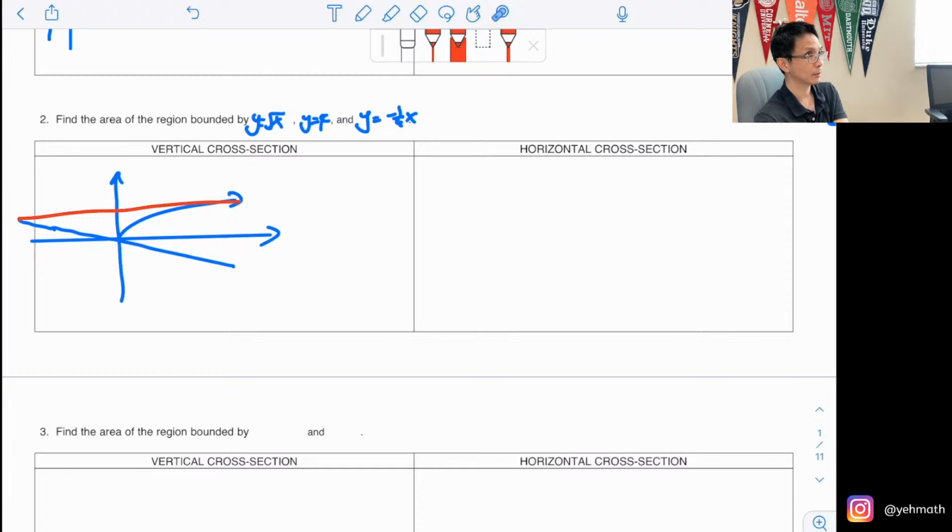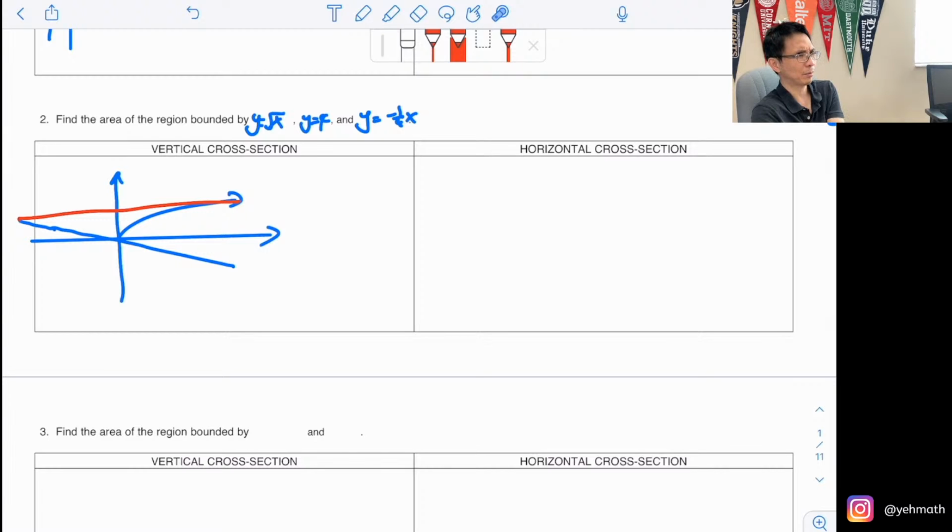Horizontally? Why horizontally? Because vertically you'd have to do 2 steps, you'd have to split it up from negative 16 to 0, and then for horizontally you just have to do 1 integral, I think. Kevin, you have something to add? I did it horizontally because it's easy to split it up into 2.